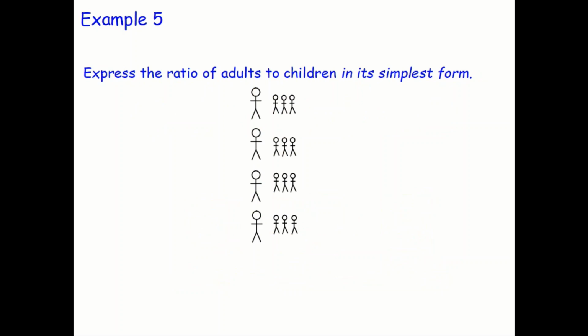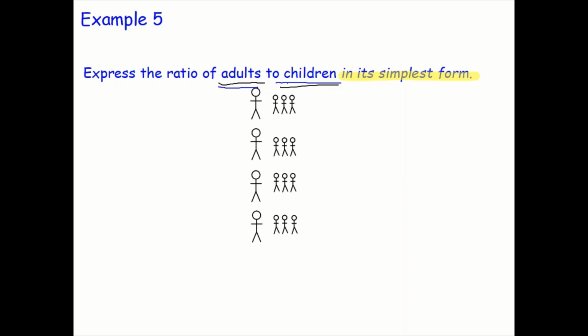Example 5. Express the ratio of adults to children in its simplest form. Okay, so we've got to put adults first, children second, and then in its simplest form. This means we're going to have to simplify the ratio. So first of all, I'm going to write down the ratio of adults to children because that's what it tells me to do first.